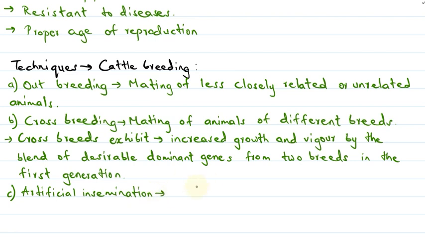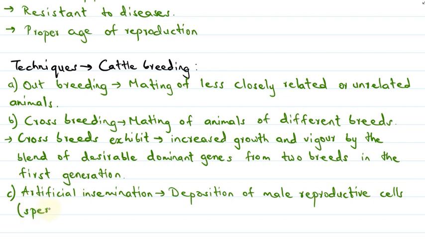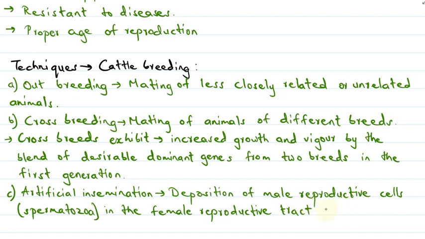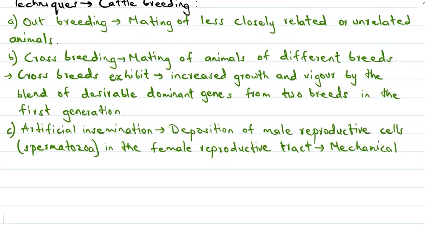Artificial insemination is the deposition of the male reproductive cells, that is the spermatozoa, in the female reproductive tract, and this is done by mechanical means and not by natural mating.